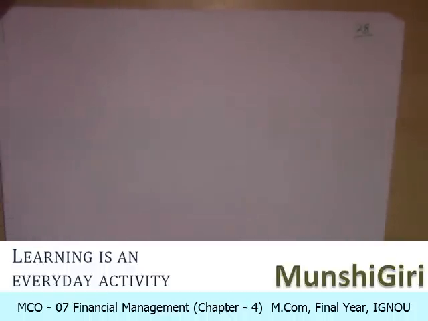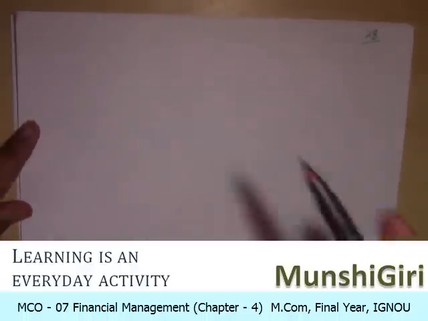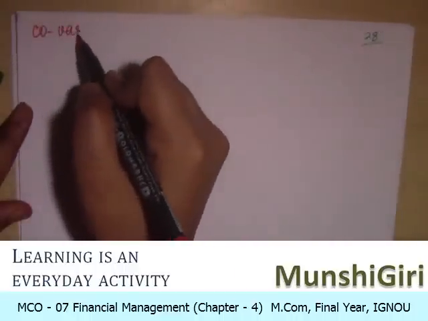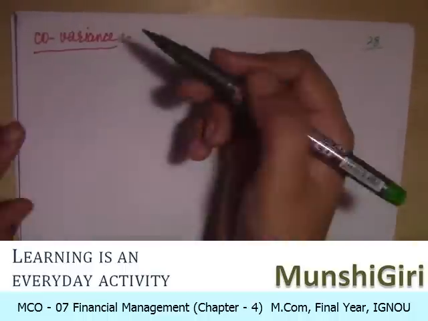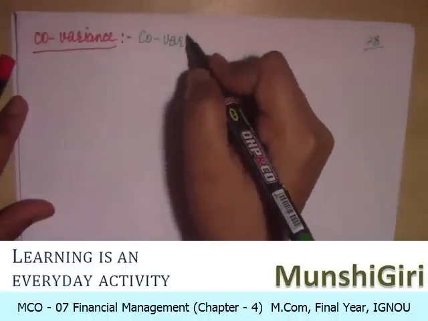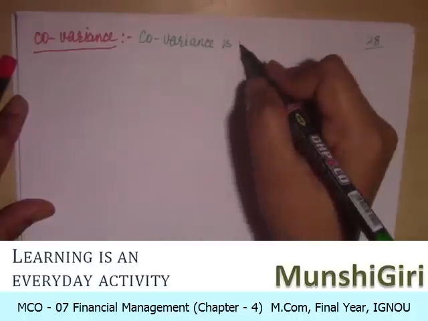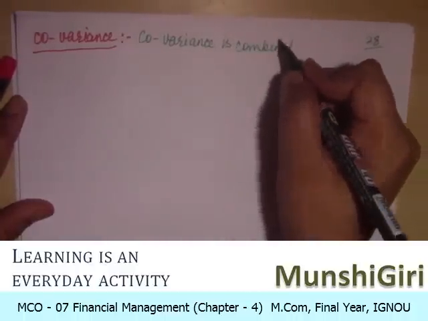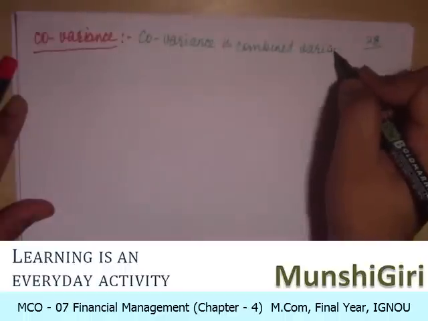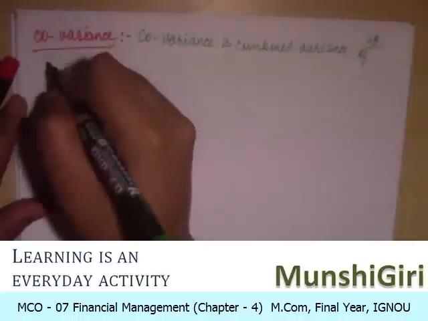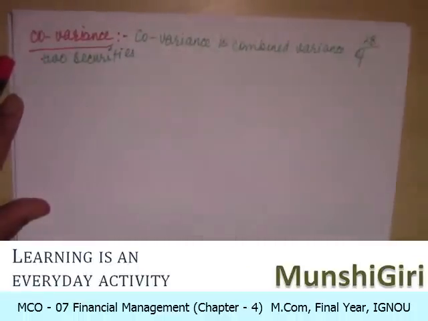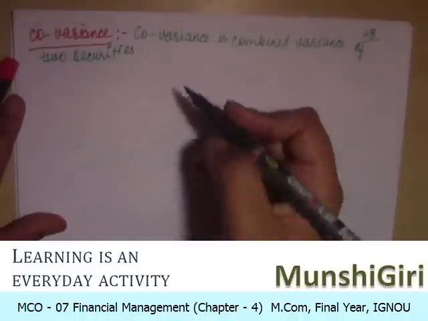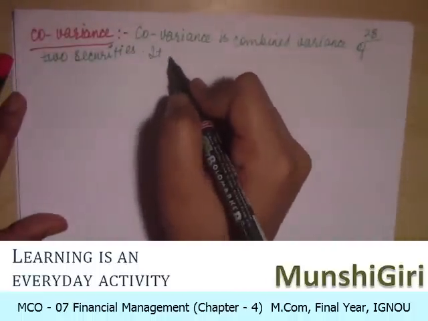Covariance is the combined variance of two securities. It is the combined risk when two securities move together.